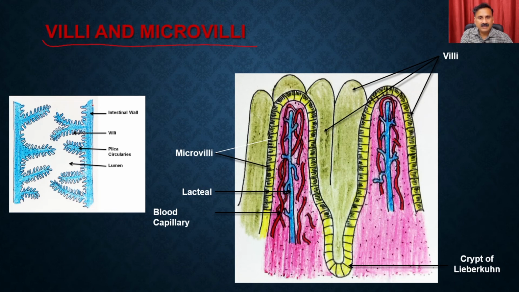These are small projections on the intestinal wall, and villi increase the surface area. If you increase the surface area, you increase the rate of absorption, and that's how it absorbs the nutrients from the food.